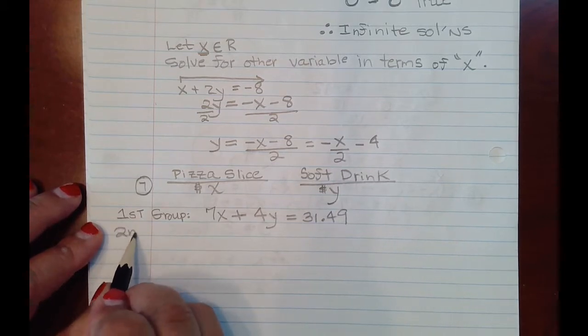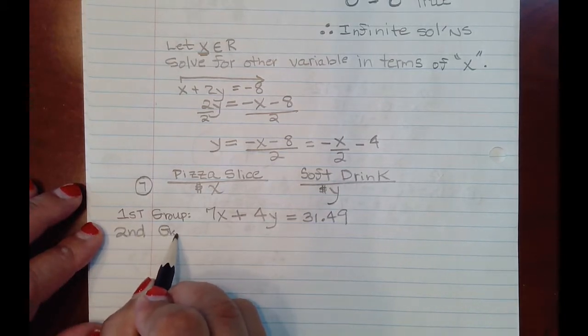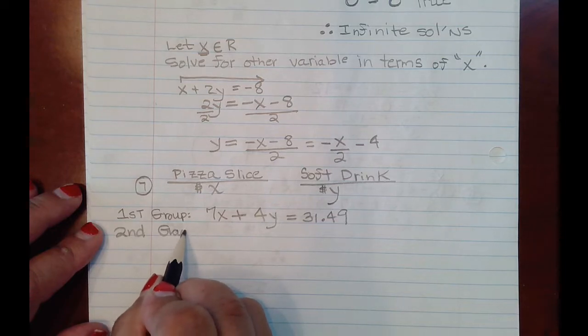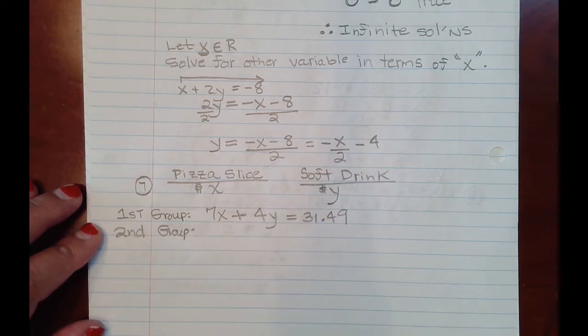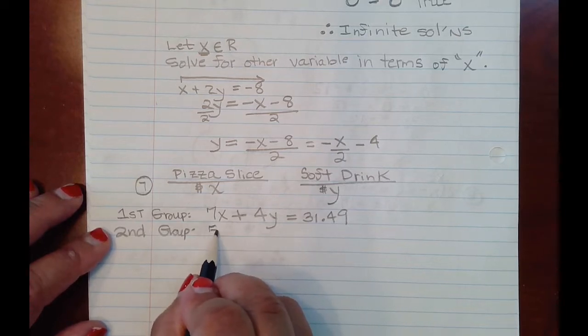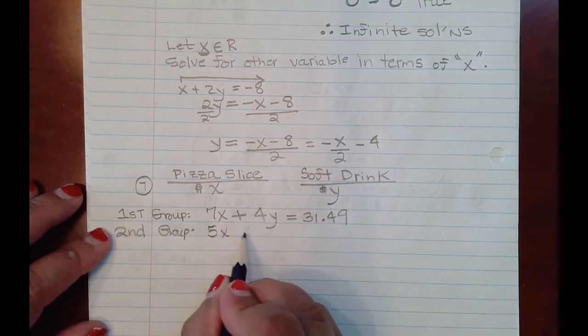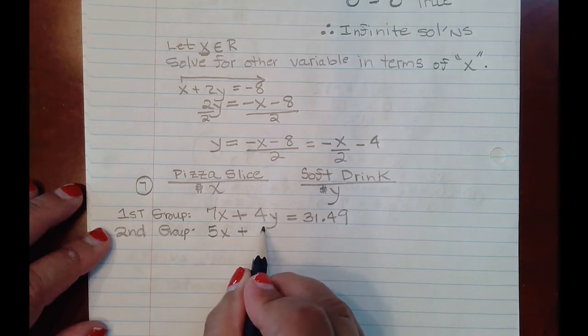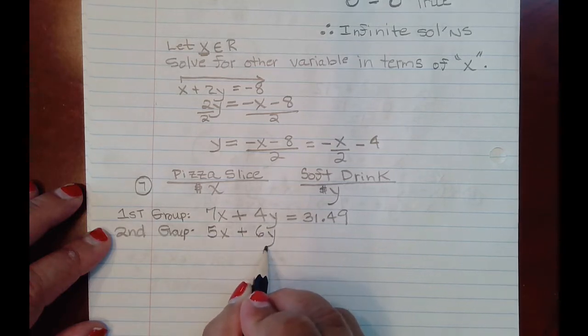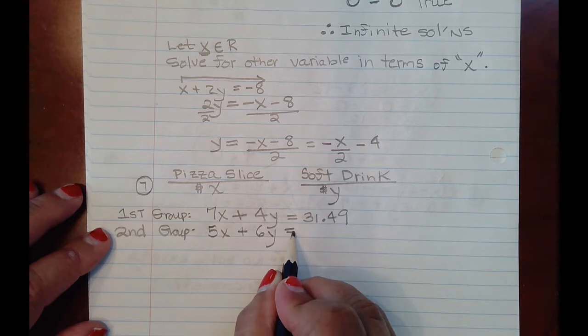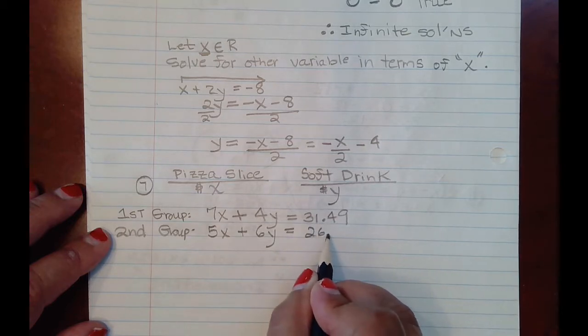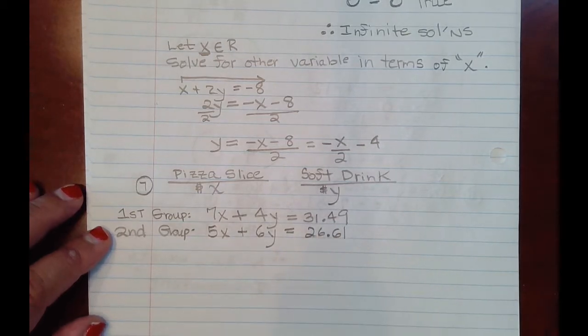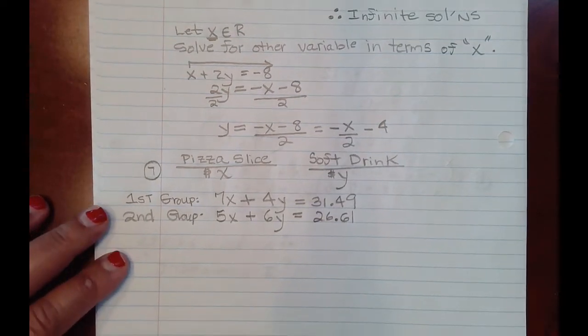The second group bought 5 slices of pizza, and the X is the price per slice, and 6 soft drinks, and this is the price per soft drink, and their total bill was $26.61.